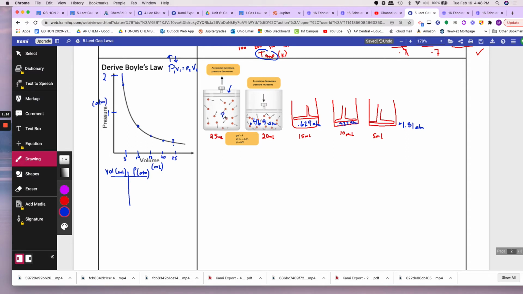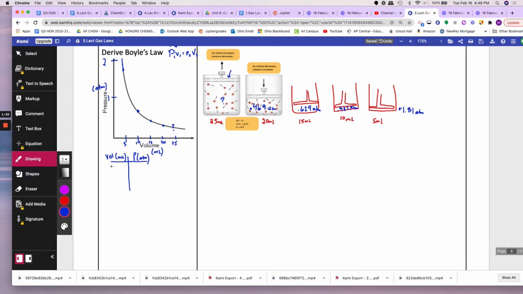So what we will do is use the data that we have to figure out what this would be. To do that, we are first going to tabulate the data. In the beginning, we had 5 mils, so we're going to put 5 mils here, and the pressure is 1.81. Then we changed it to 10 mils, more room, so the pressure goes down, 0.937.